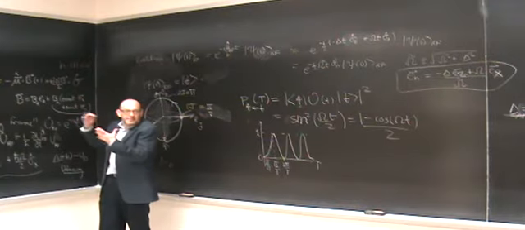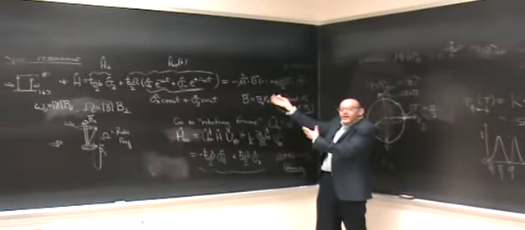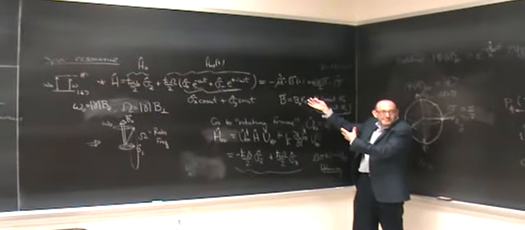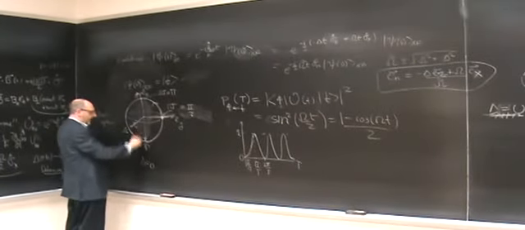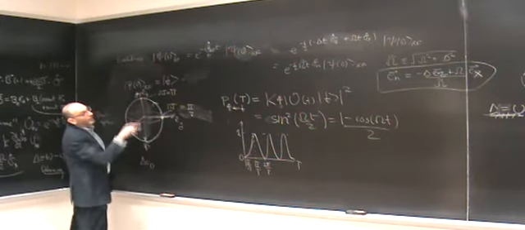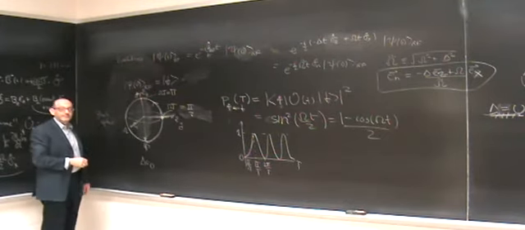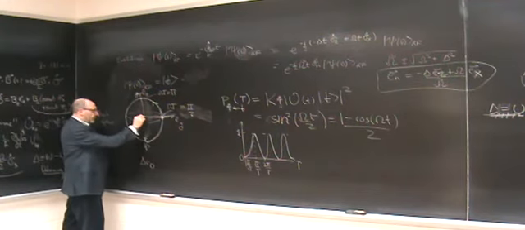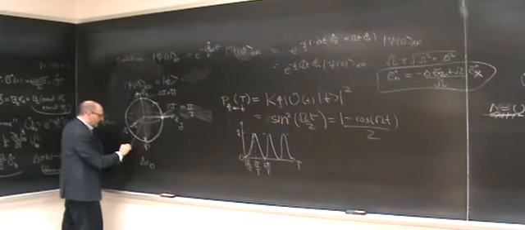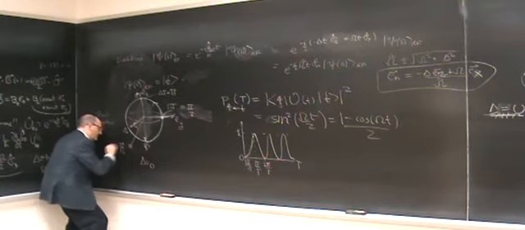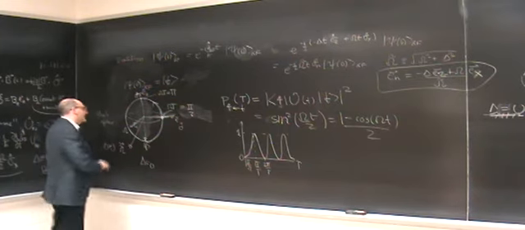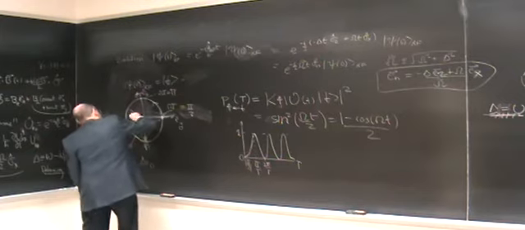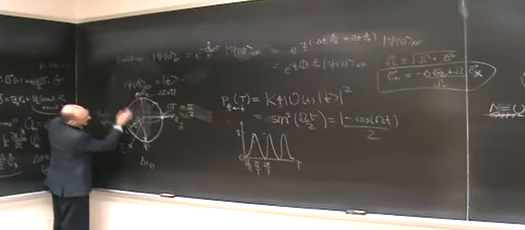The reason it evolves is that my system didn't start in an eigenstate of the Hamiltonian. If I'm off resonance, when delta is not equal to 0, then I have a component of the torque that's along the z-axis. So my torque vector, say for a positive delta, would look like that in that case. And the way I've drawn this now, this guy would precess around that axis. It's supposed to be a circle.